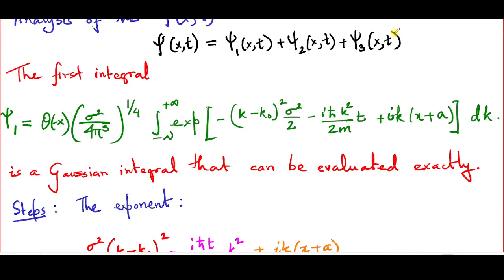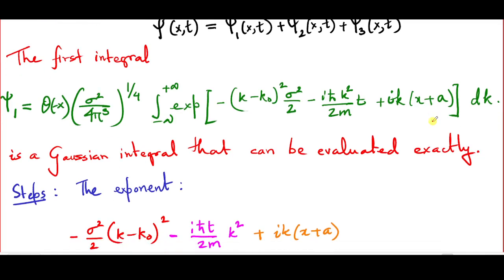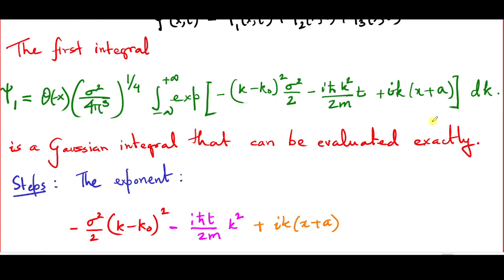Now this is a Gaussian integral. Remember that we are integrating against k, and what you have in the exponent is a quadratic function in k. We can evaluate this exactly using our standard Gaussian integration formula, but to do that I need to write this as a quadratic in either k or k minus k0.